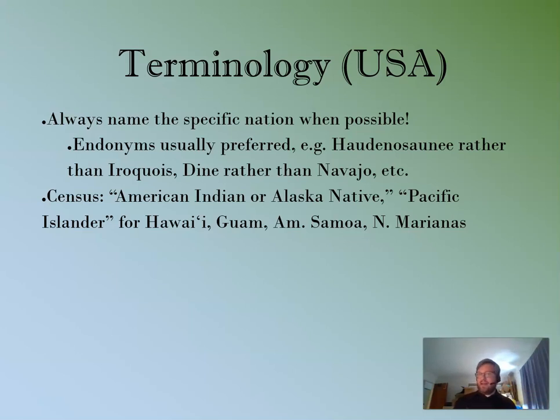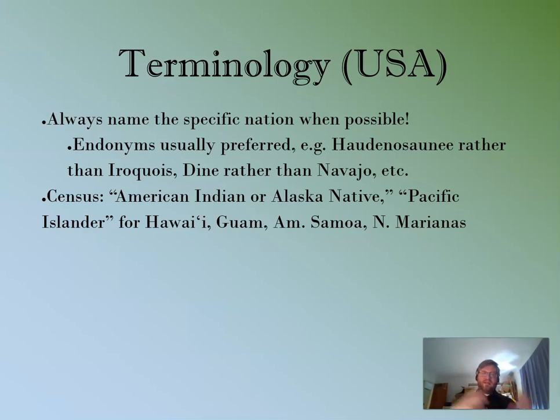And on the census, if you check that box, they then ask you for the specific nation that you are part of. So you can get that broken down in more detail as long as there's enough people that they'll release those statistics without compromising people's privacy. But American Indian or Alaska Native is the umbrella term that the census uses.